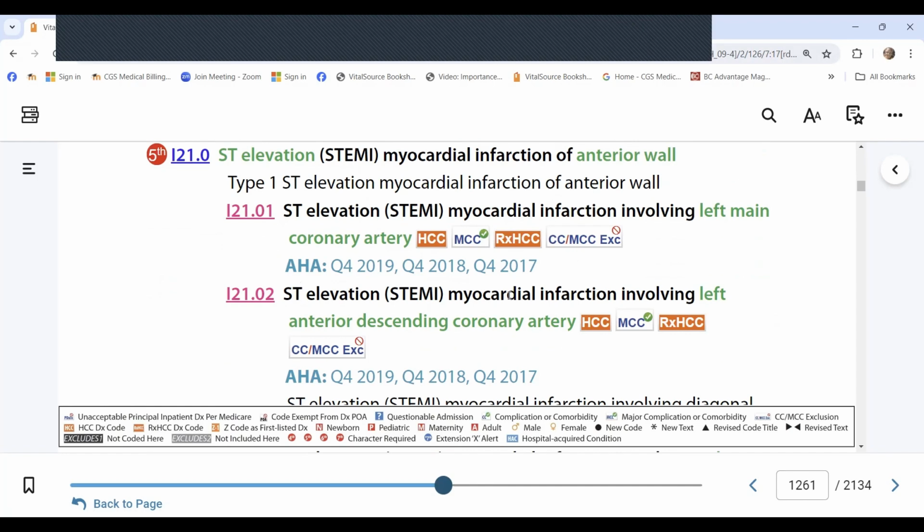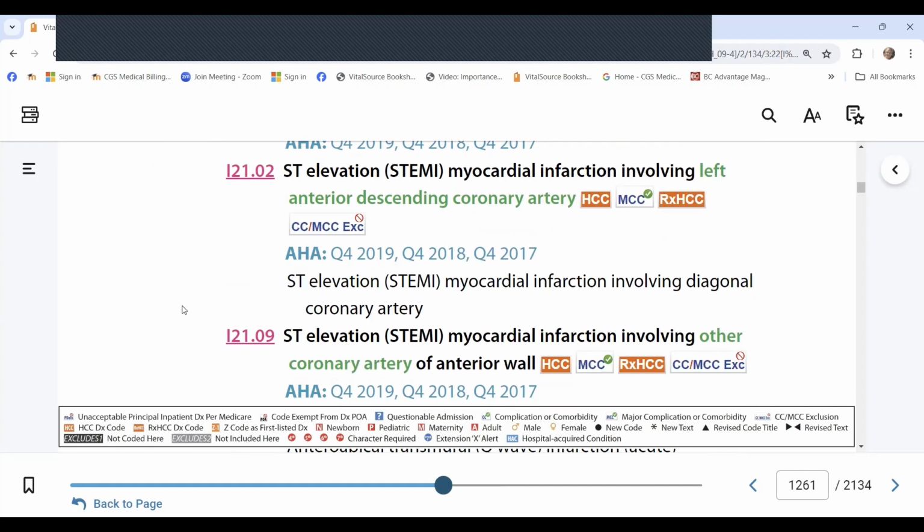If you recall, we took a look at the left main coronary artery and the left anterior descending coronary artery. So when coding these heart attacks, we need to know if it's a STEMI or an NSTEMI, and also where the heart attack took place. And when possible, we can actually code what part of the coronary artery was affected.